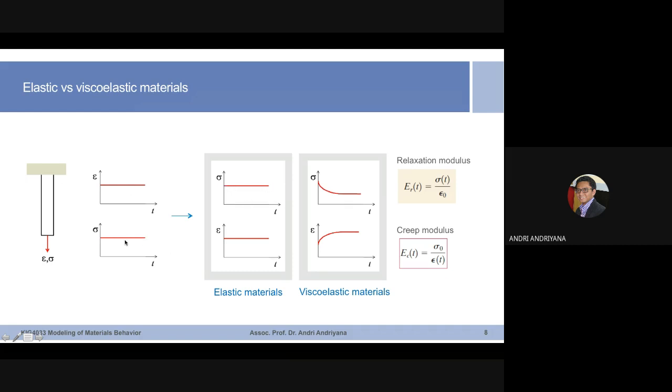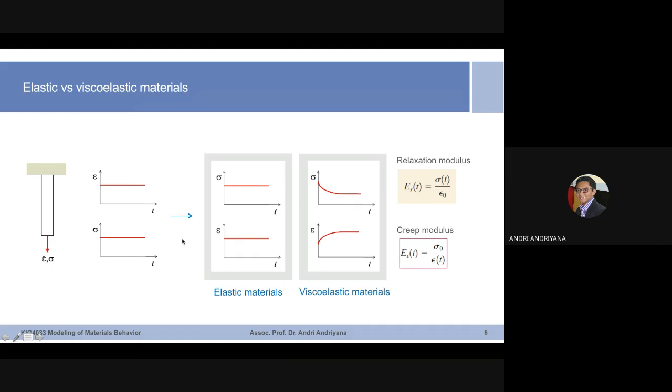Or in the second case, when we impose constant stress, the resulting strain will also be constant over time. However, if the material of this bar is viscoelastic, then if we impose constant strain, the stress will relax, will decrease.